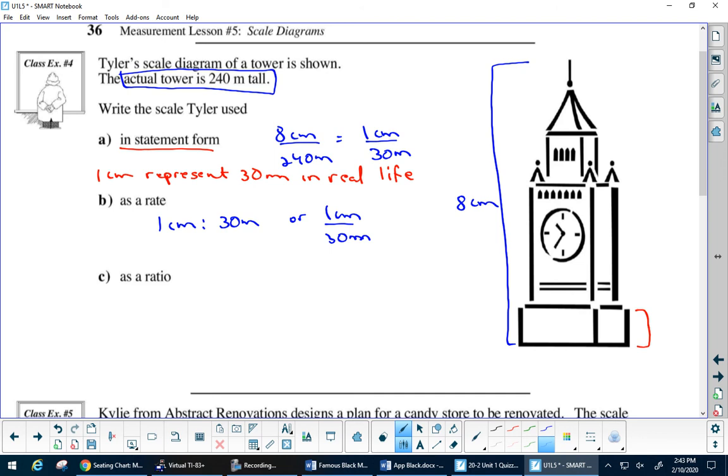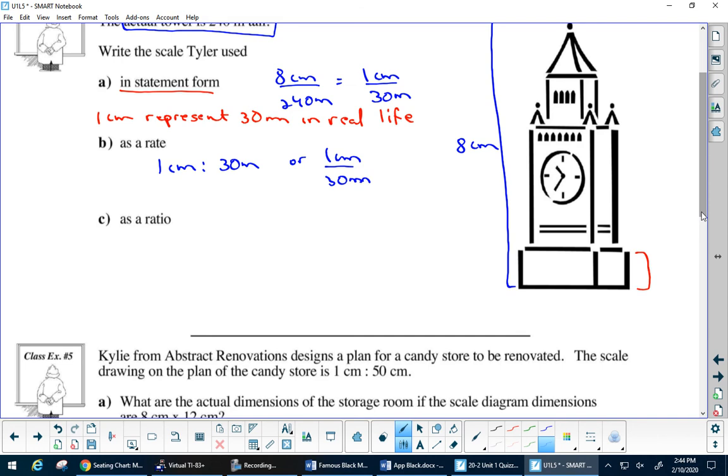Now, what would I have to do to make this a ratio? Convert 30 meters to centimeters. So how many places do I go? 1, 2.